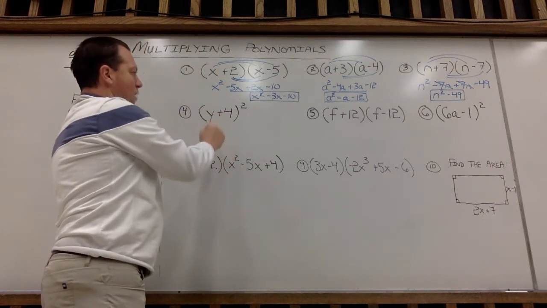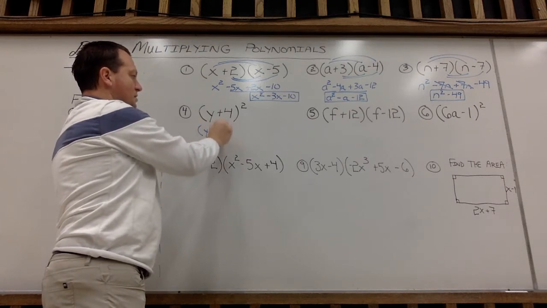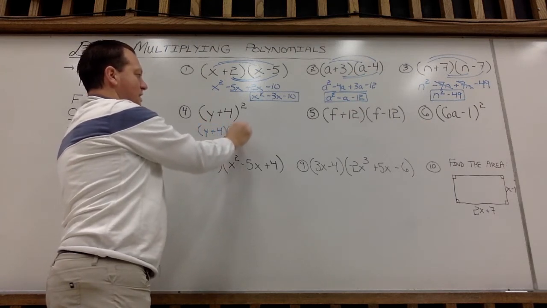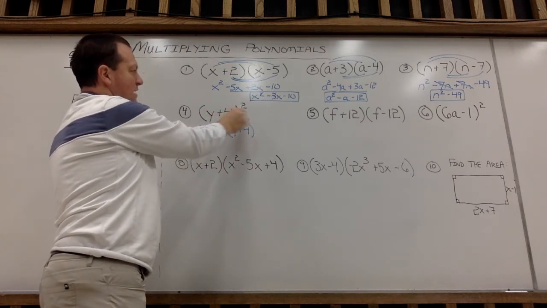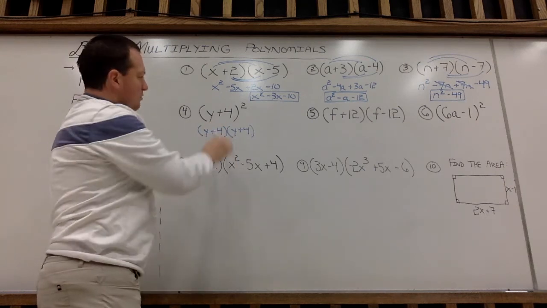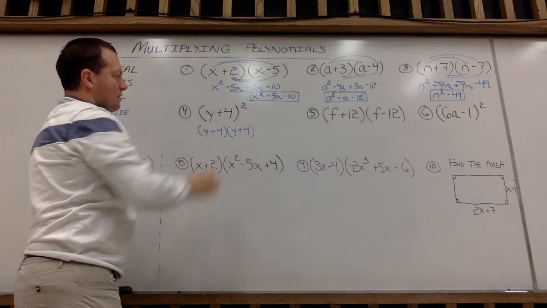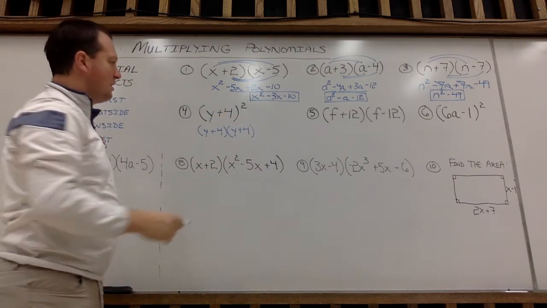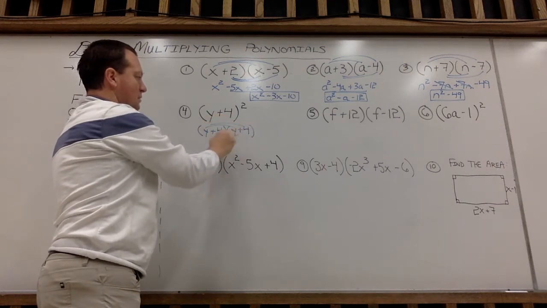Okay, when I have y plus 4 squared, I need to write that out twice as y plus 4 times y plus 4. I can't just take and bring my exponent outside in because I have more than a monomial. Remember, these are binomials, two terms. So I can't take y squared plus 16. That is incorrect. To square, I need to multiply the term by itself.